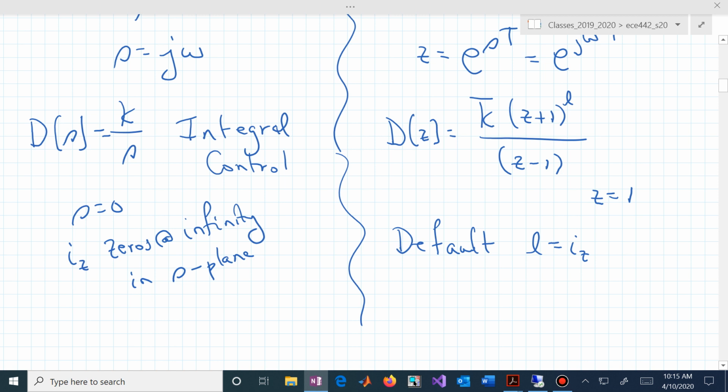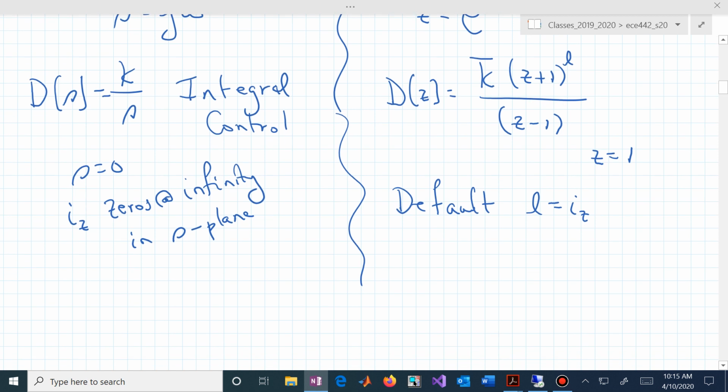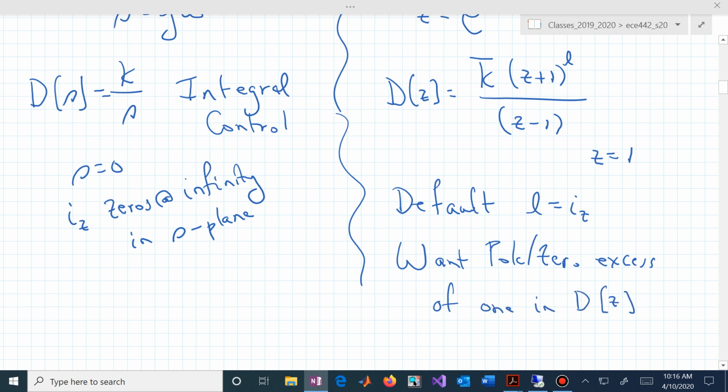But we may, if we now want to, preserve a pole zero excess in the Z domain. Let's say that I want a pole zero excess of 1 in D of z.